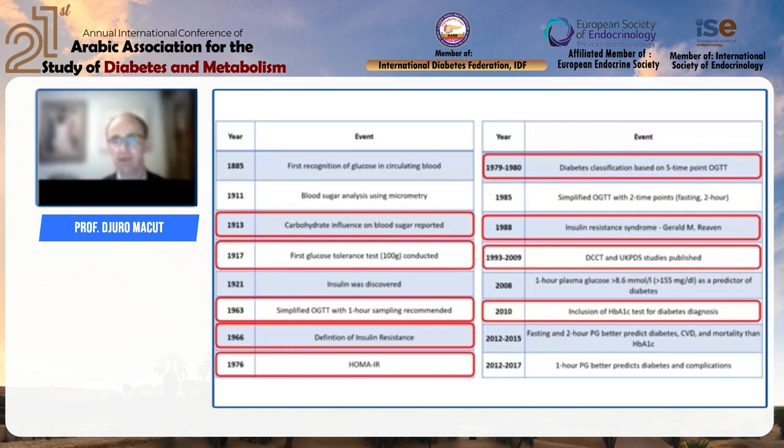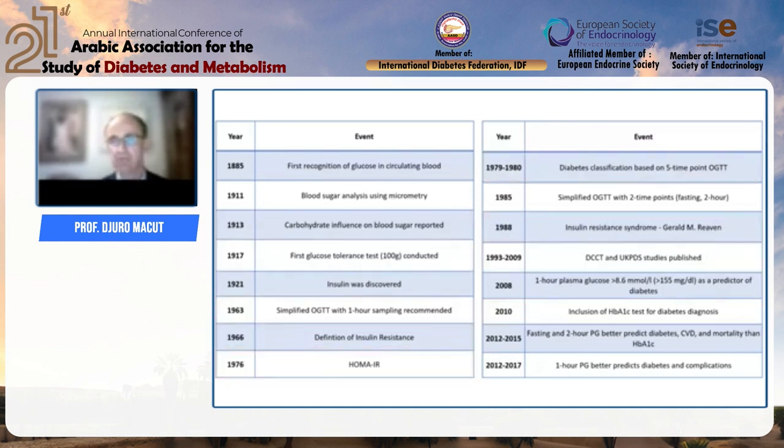In the 2010s we included a very simple biochemical marker, HbA1c testing, for the diagnosis of diabetes. So it is a large scale of activities, from diagnostics to therapies and the follow-up of therapeutic outcomes in this period.